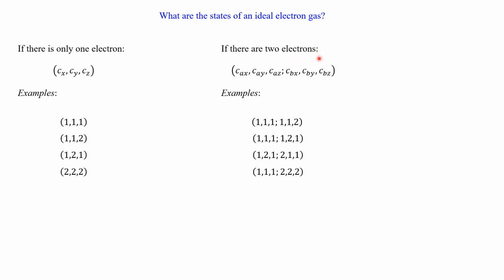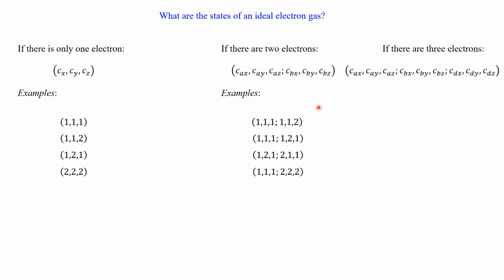This is a feature of indistinguishability of electrons. So we cannot have the state 112, 111 because we already have it. But we could have the state 111, 121. And the state 121, 211, and so on. And if we have 3 electrons, then we need 3 combinations.